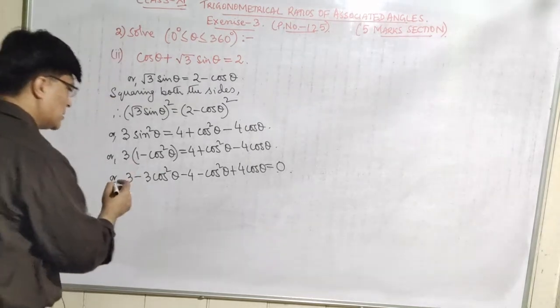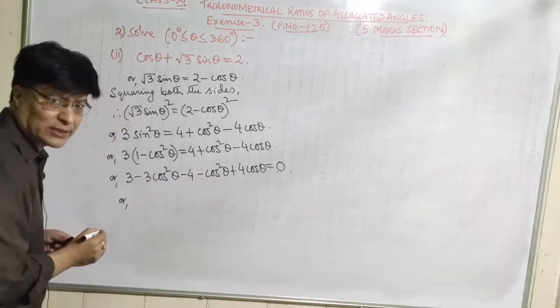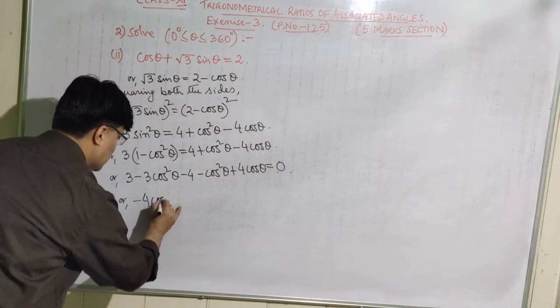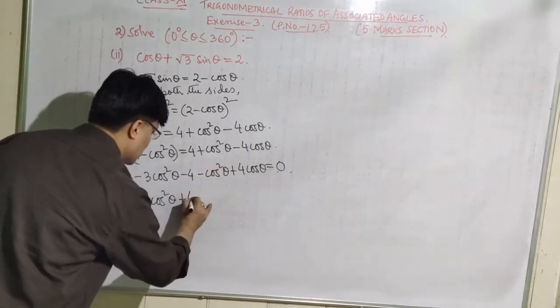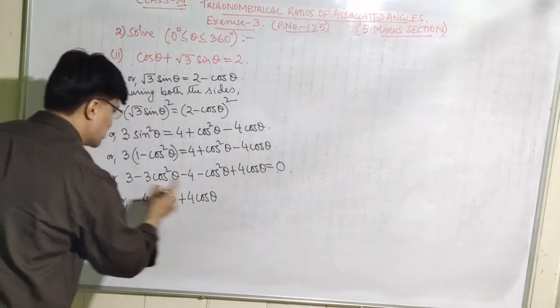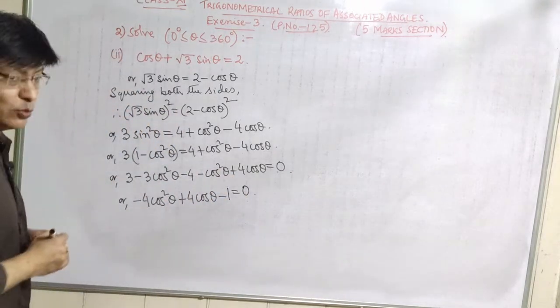So next, let us simplify it. Minus 3 cos square theta minus cos square theta, same sign, you have to add them: minus 4 cos square theta. Next plus 4 cos theta, then minus 4 plus 3 is minus 1, which is equal to 0.